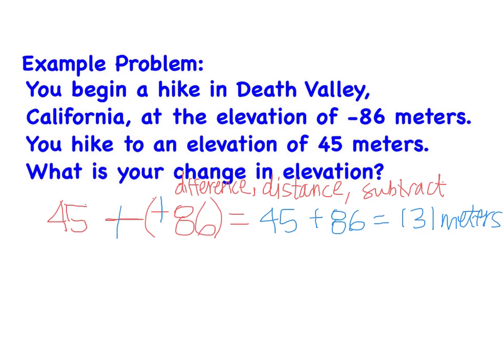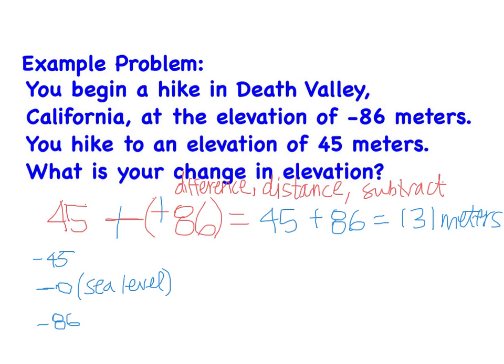Now, the second method is more of a conceptual method, but it helps to illustrate why this is true. So I'm going to draw a picture. Here is 0 elevation, often referred to as sea level, so 0. We have -86, which is our starting point, and then above it, 45 meters above sea level, is our ending point.